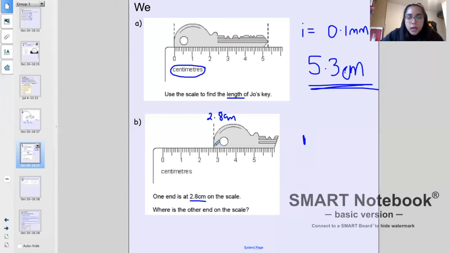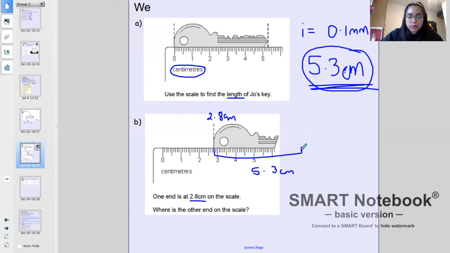Okay, so we know that it starts at 2.8 centimeters, and we can use our knowledge of the length of the key, which we found in part A. And the length of the key is 5.3. So if we are starting at 2.8 and the length is 5.3, so from here all the way to, I don't know, maybe here is 5.3 centimeters.